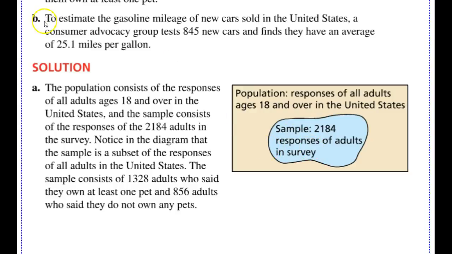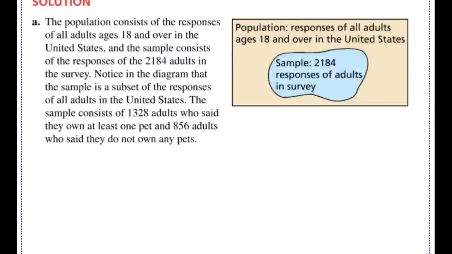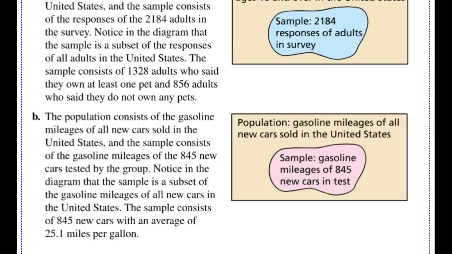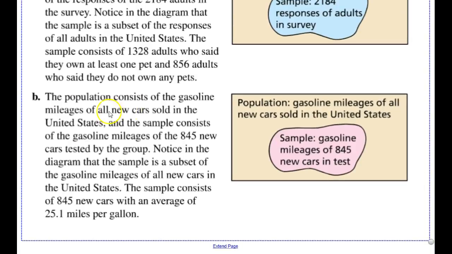But this one we're looking at a sample. So now let's go back to part B. To estimate the gasoline mileage of new cars sold in the United States, a consumer advocacy group tests 845 new cars and finds they have an average of 25.1 miles per gallon. My population would be gasoline mileages of all new cars sold in the United States. I'm looking at this sample of the 845 that were tested.